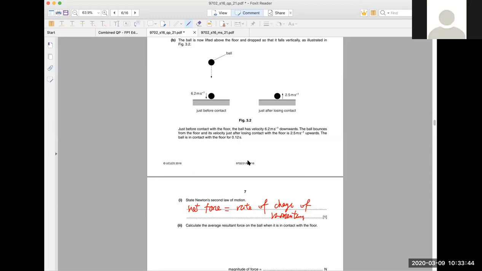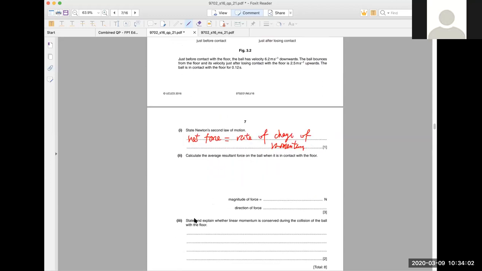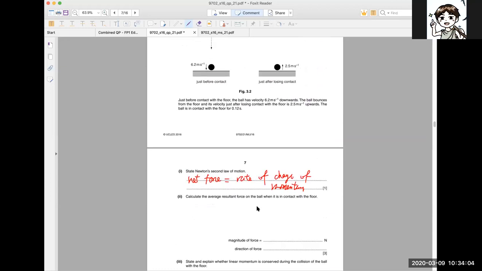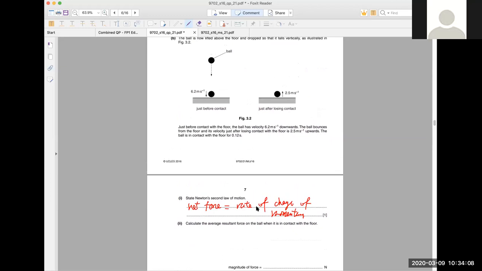I always don't know how to write the direction thing. What do you mean by direction? Like in part 2, you also have to find a direction, right? You first find the momentum first.